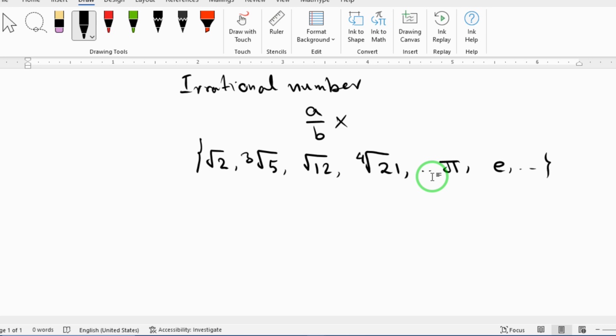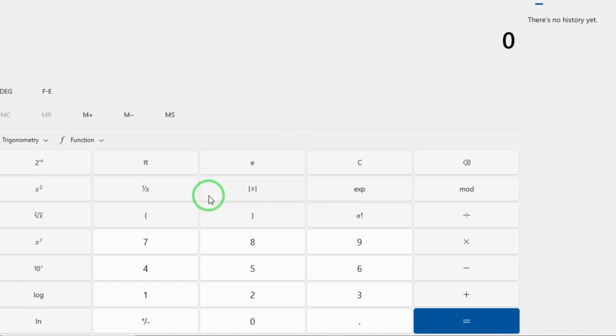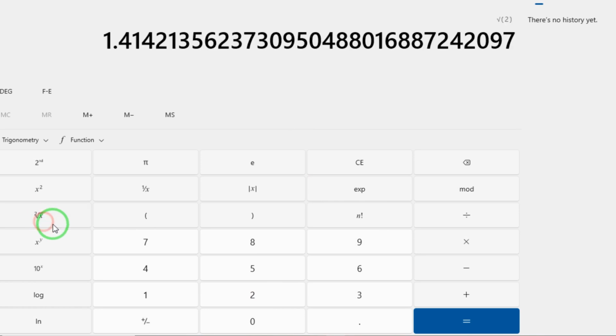I want to show this on a calculator, so pay attention and keep it in mind. For example, when you write square root of 2, the result is like this. These digits are not repeating or terminating. It continues with different numbers. It is an irrational number.